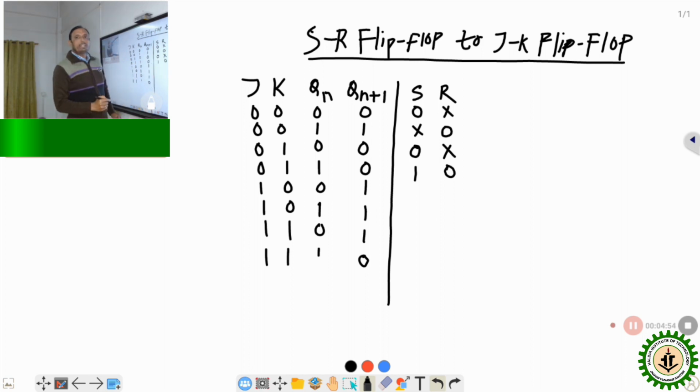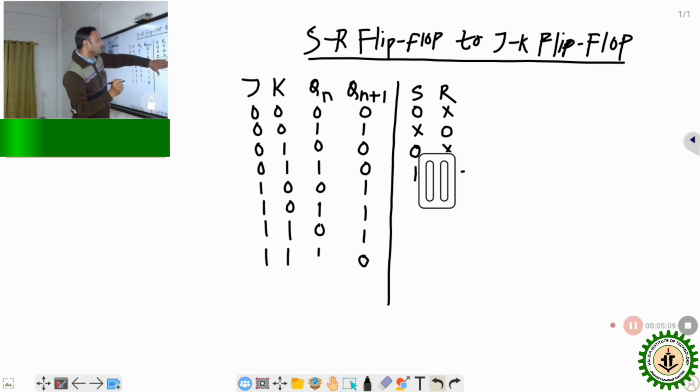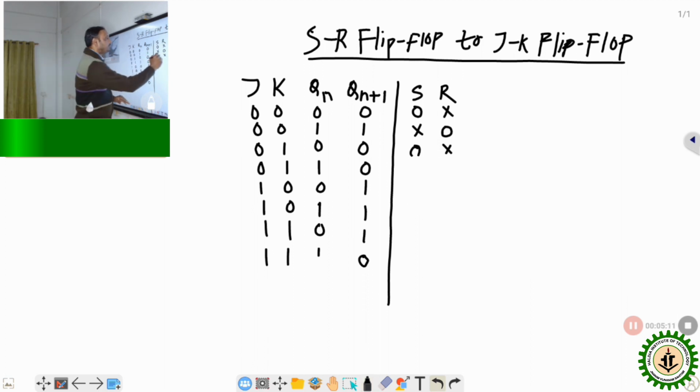Sorry, for the case of 1 0, that means the next output will be 0. So in that case S value will be 0 and R value will be 1, and for the next value being 1, it is 1, 0.